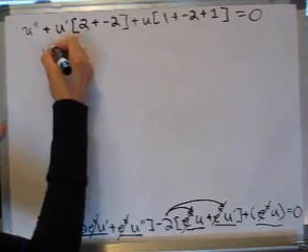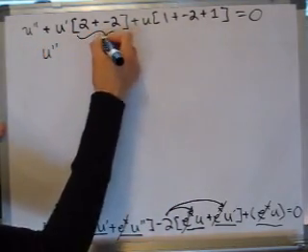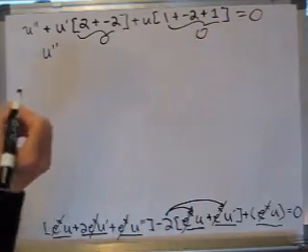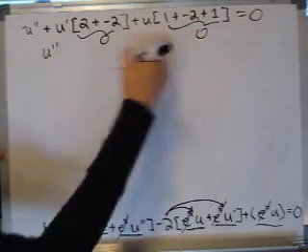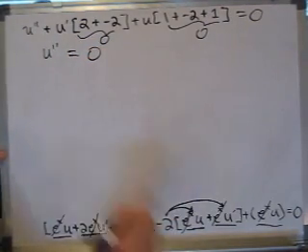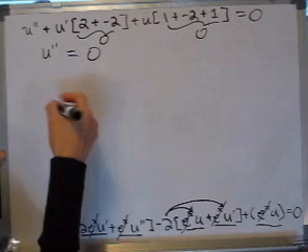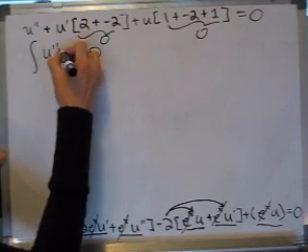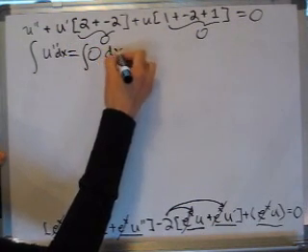Notice that I end up with just u double prime. This is going to be 0. This, excuse me, is also 0. So the only thing I end up with is u double prime equals 0. So what I can do is integrate both sides with respect to x. Remember, u is a function of x, to try to find u.